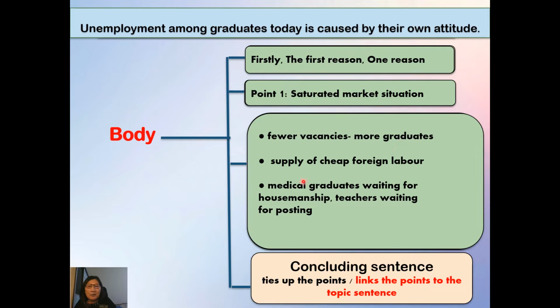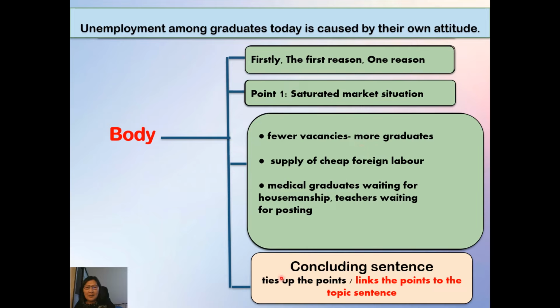Another supporting detail would be the supply of cheap foreign labor here. And you can also provide examples. We can see that many a time there are medical graduates waiting for housemanship or teachers waiting for posting. So this just goes to show that there are few vacancies, but there are many graduates in the market.